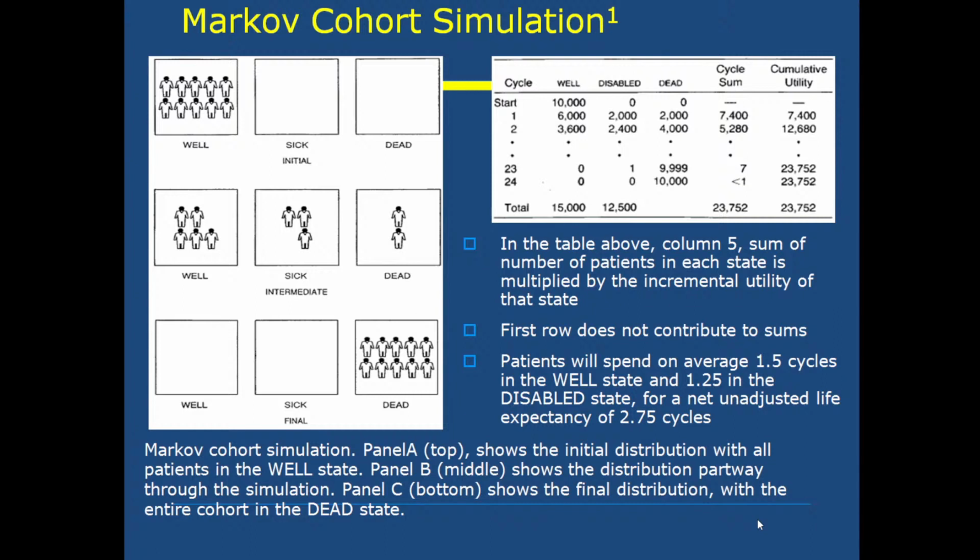And Panel C, the bottom level, shows the final distribution with the entire cohort in the dead state. At the final state, all the patients are dead.